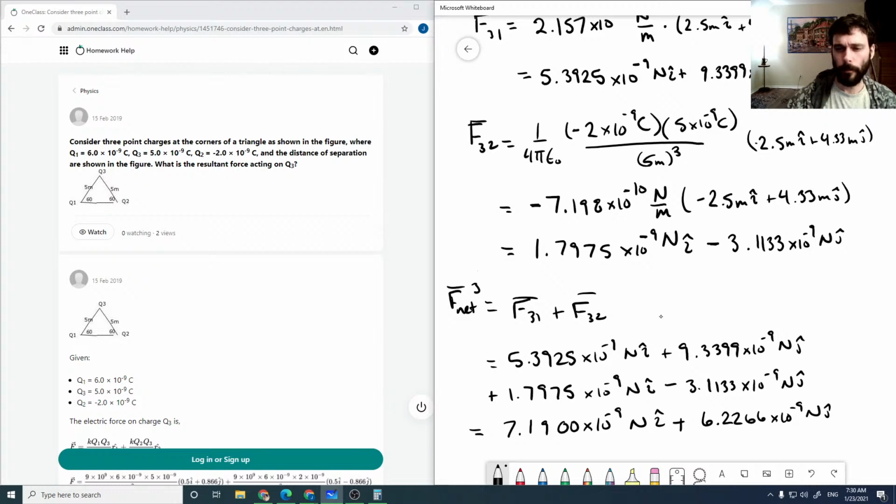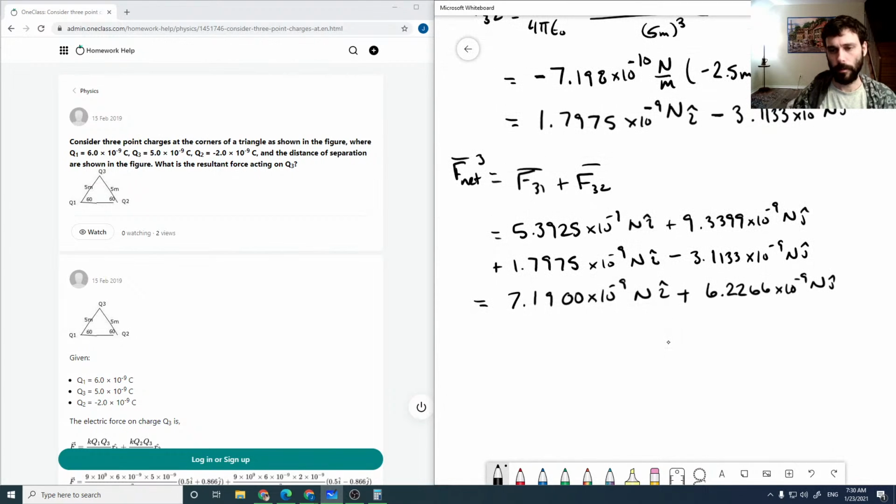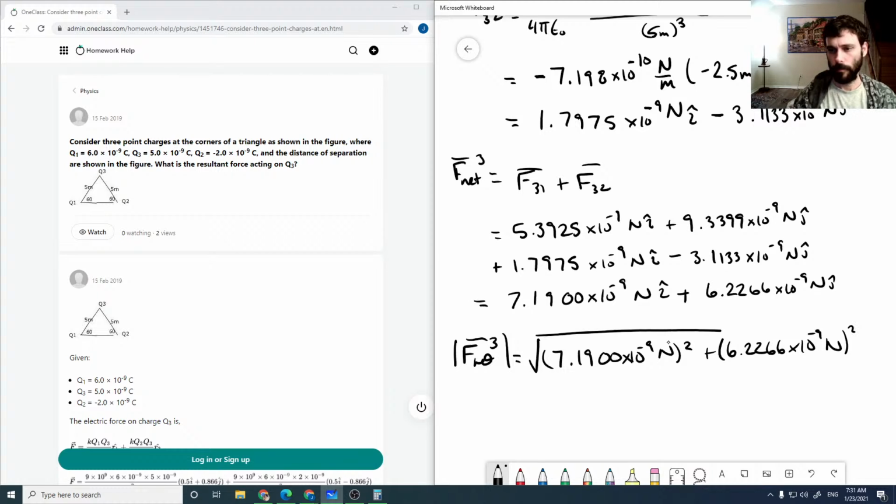And then if we want the magnitude, that's just the square root of the components squared. I figure that's probably visible, but I'm just going to clean it up a bit.